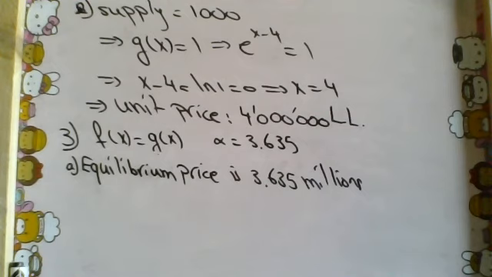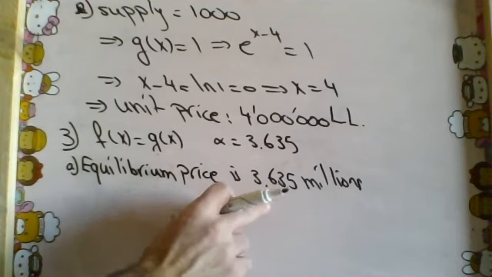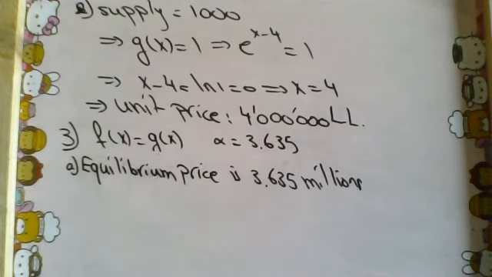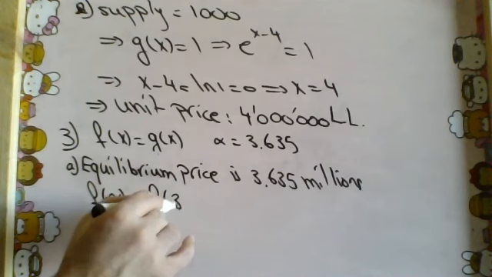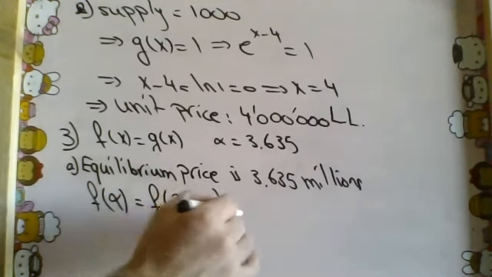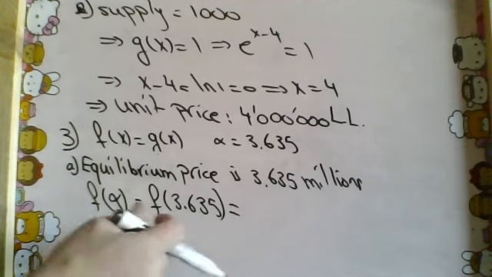We put f of 3.635 or g of 3.635, you will get the same value, because at this value of x, these two values f of x and g of x will be equal. So here f of alpha, which is f of 3.635, is equal to how much? Replace x.